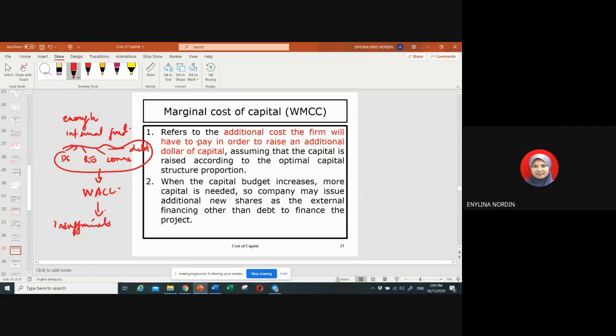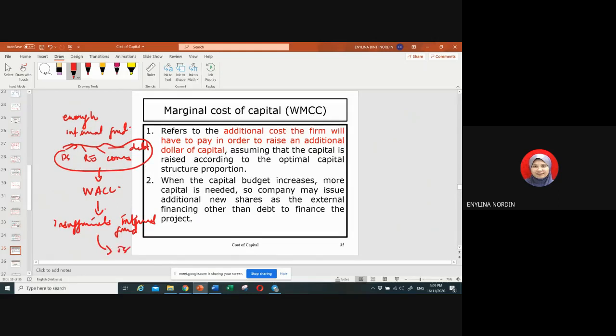Insufficient internal fund. Therefore, the company needs to issue additional equity, or new stock, so that they can get the additional fund required for the new project.